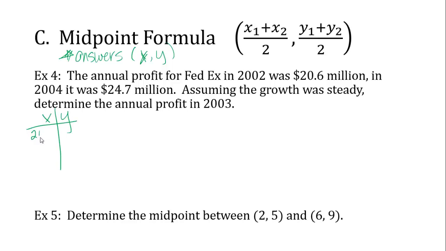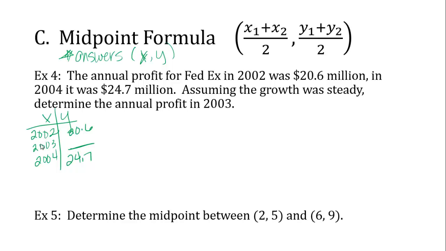Okay, 2002, 2003, 2004. We know in 2002 it was $20.6 million. In 2004 it was 24.7. So what we need to do is figure out what is that midpoint between these two profits. The midpoint between 2002 and 2004 is 2003.